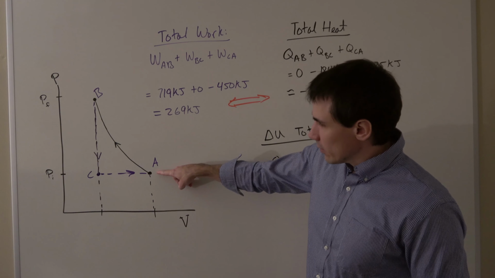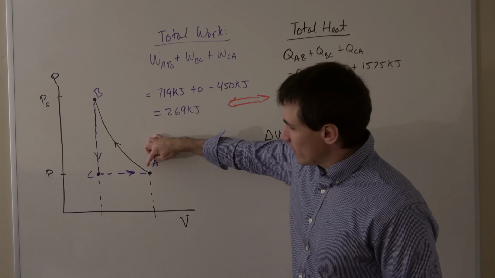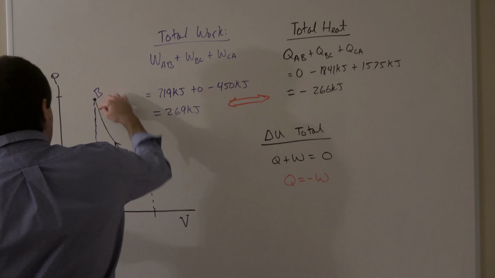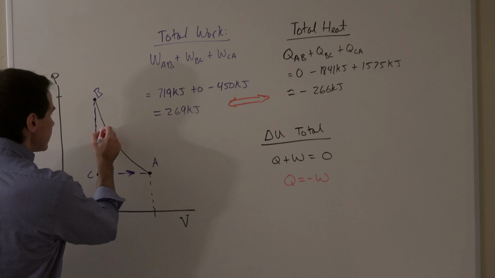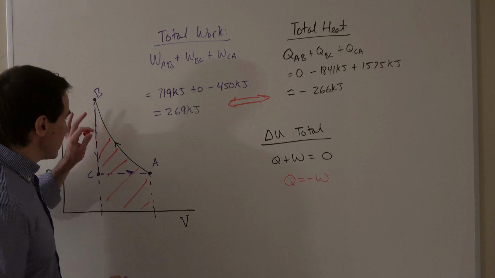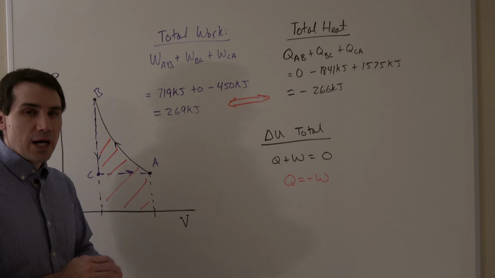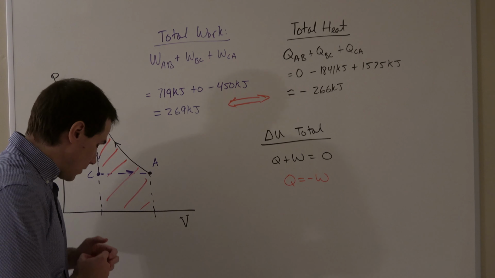Well, here, if we look at the work done, we have the positive work done as the system is being compressed. Compression leads to positive work, is this full area here. All of this area is the positive work that is being done in the compression of the system.